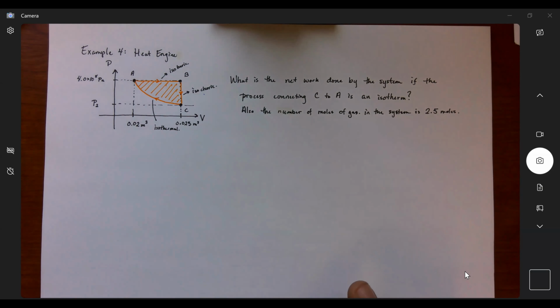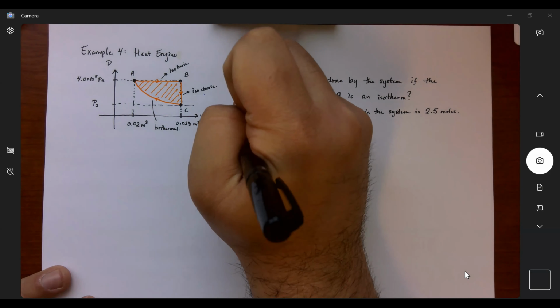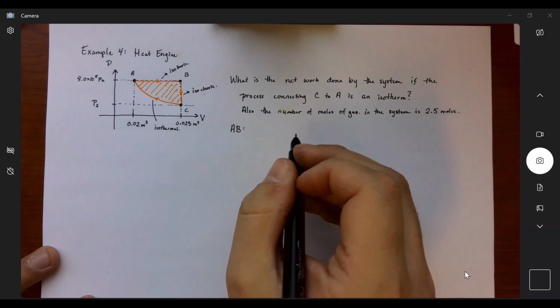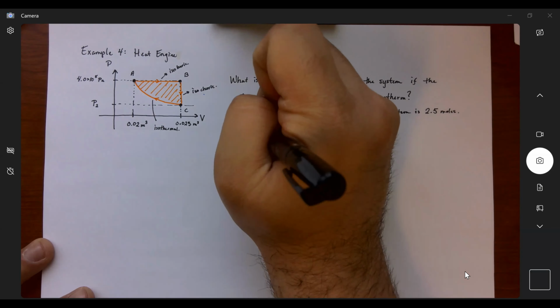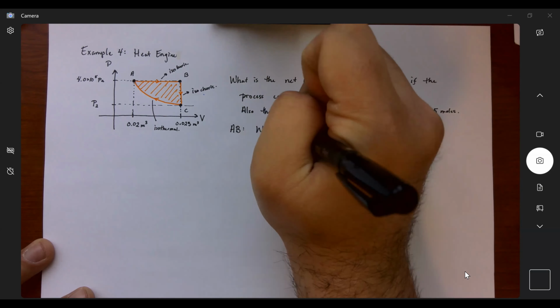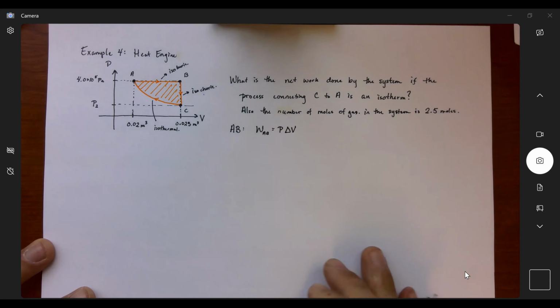All right. So what we would need to do is we would need to find the work being done in each of those processes. So we'll first start with A to B. We defined it as an isobaric process, which means that the work from A to B should just simply be the constant pressure times the volume difference.